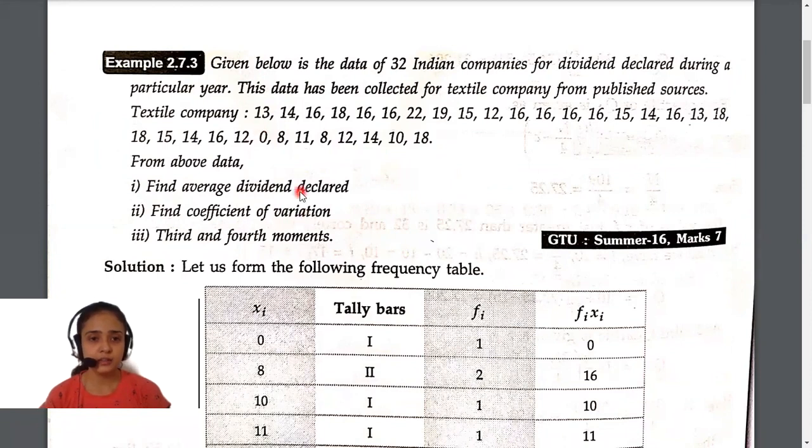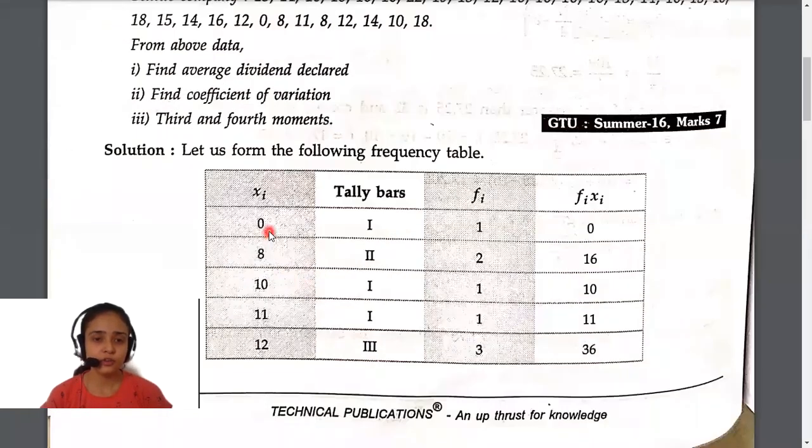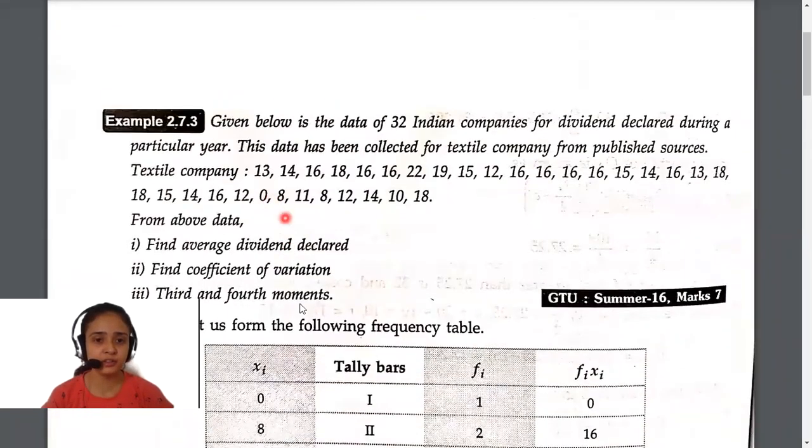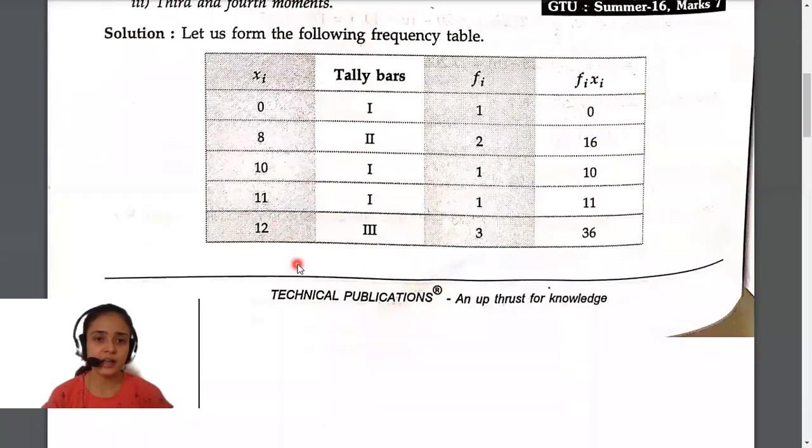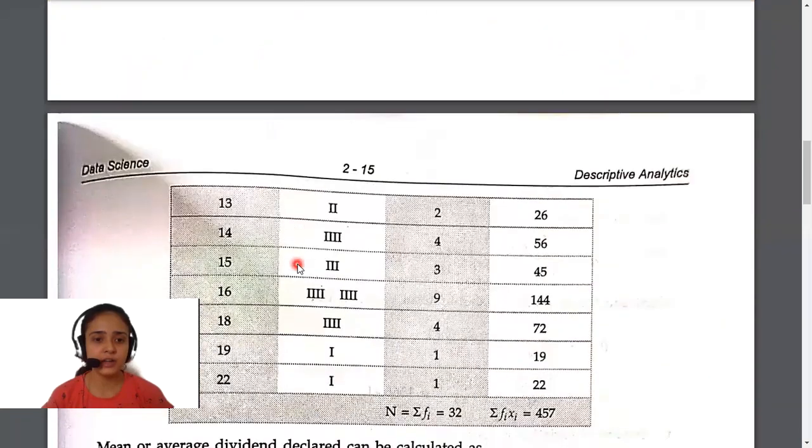So these are my given data. Now what I am doing is arranging my data in ascending order. First of all the minimum value is 0 over here, then 8, then comes 10. Like that I have arranged all the values of x.